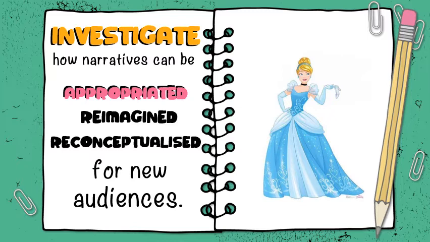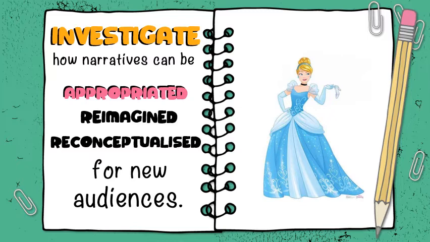We know that films and novels are often appropriations of earlier texts. This is something that we do all the time, all through history. We appropriate, we take other people's ideas and we reuse them. Let's look at the Cinderella story. Disney did not create Cinderella.